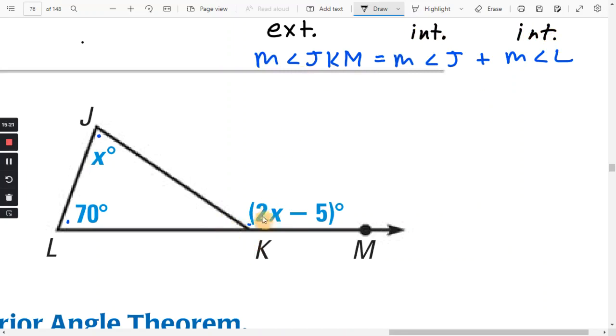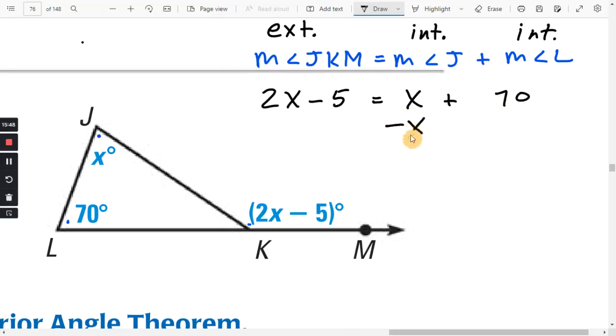All right, JKM is 2x minus 5. And that equals measure of angle J, which is just x, plus the measure of angle L, which is just 70. Okay, so we want letters on one side, numbers on the other. I usually subtract the smaller x.